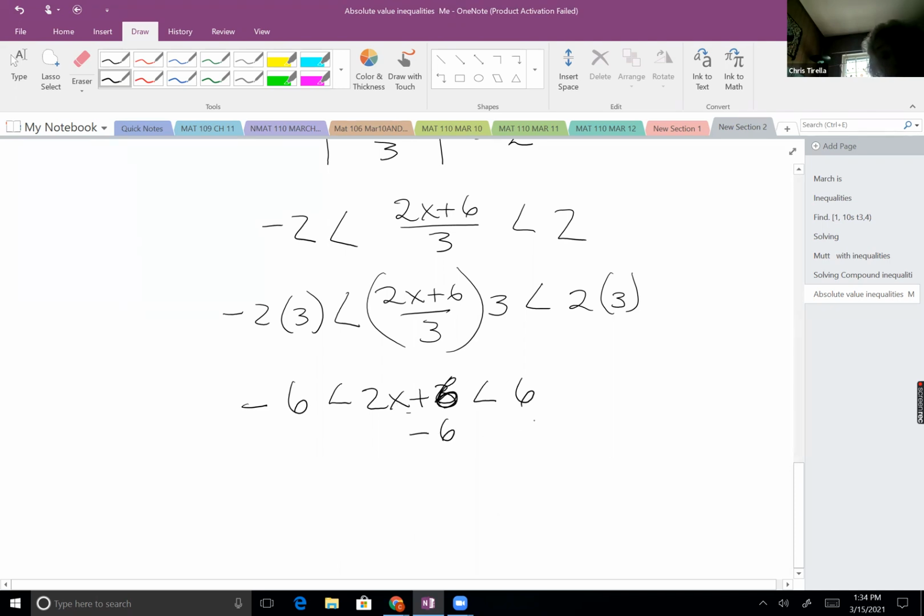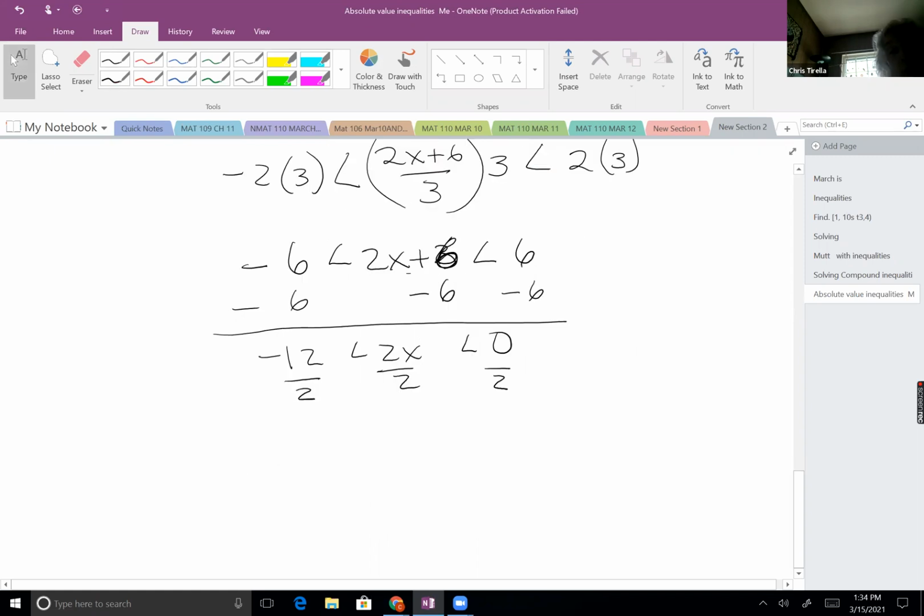I'll subtract 6 from all parts, giving me negative 12 is less than 2x is less than 0. And then to get the x all alone, I'll divide by 2. It's a positive 2, so my direction stays the same.